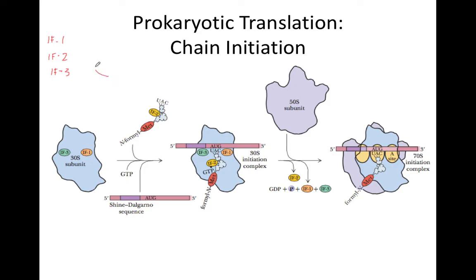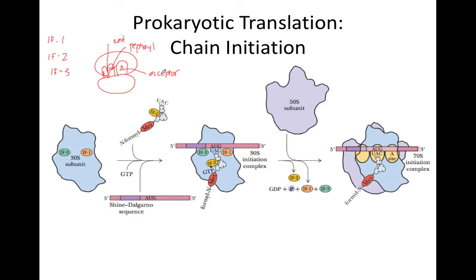That's because your ribosome has 3 sites. It has A, P, and E, wherein the A site is the acceptor site, the P site is your peptidyl site, and the E site is the exit site.